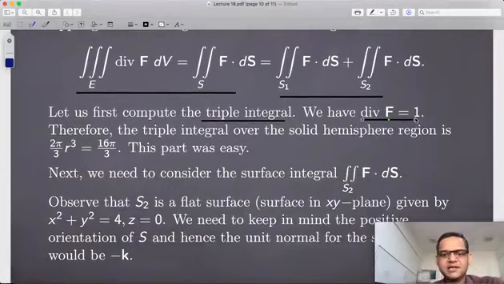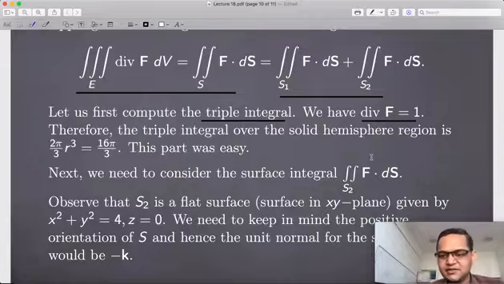This is a simple example, but the idea is important. Even though the computation will be simple, it has a nice idea so that you don't make mistakes. Now if I have to compute the triple integral of the divergence, which is the constant 1, over the half of the ball, what is it going to be? It's just going to be the volume of the ball divided by 2, isn't it?